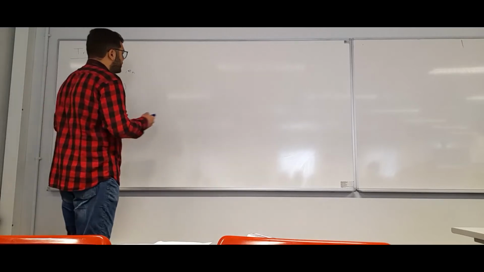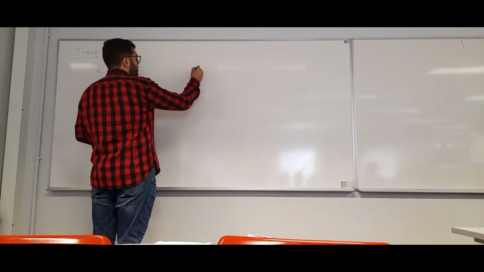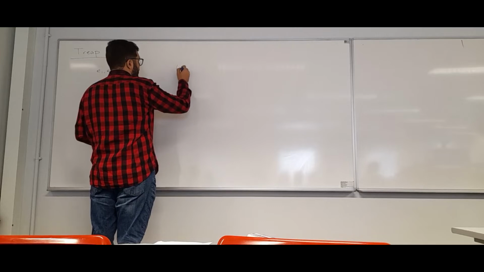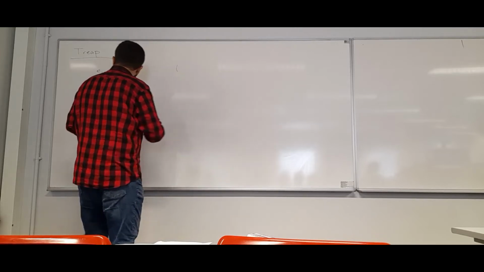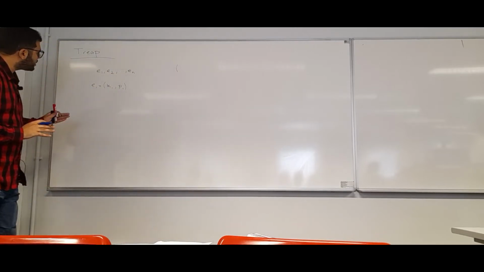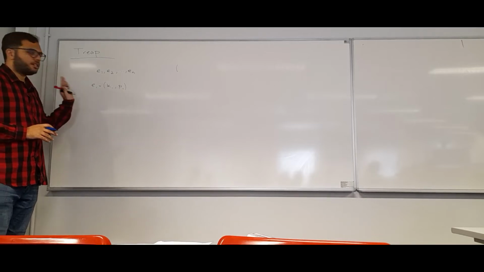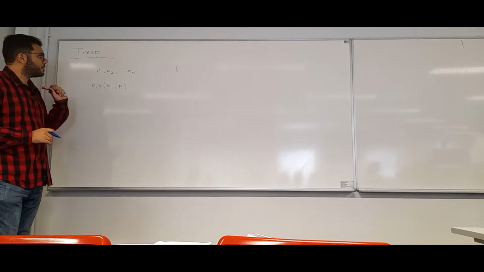So let me give you an example. Let's say that I have a bunch of elements. And okay, just to make things simpler, I'm going to assume that all the keys and priorities are distinct. So we don't have repeated keys or repeated priorities.